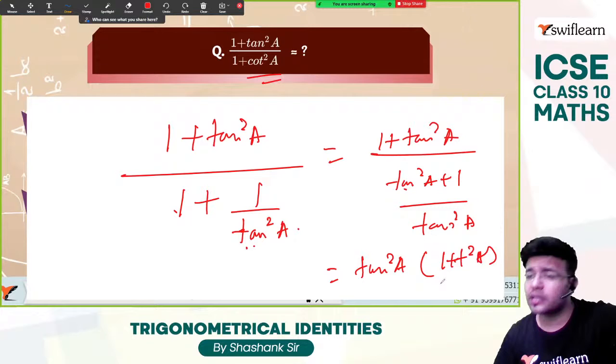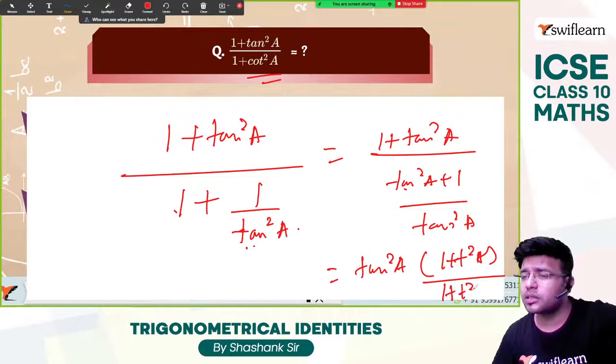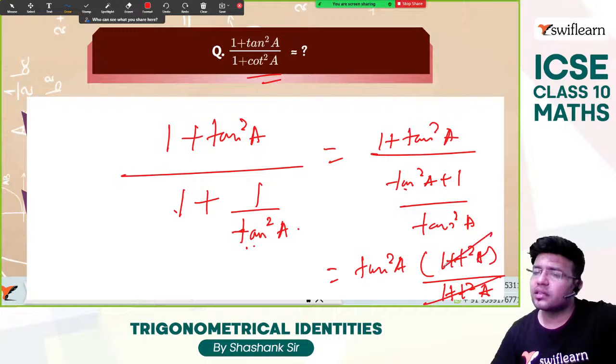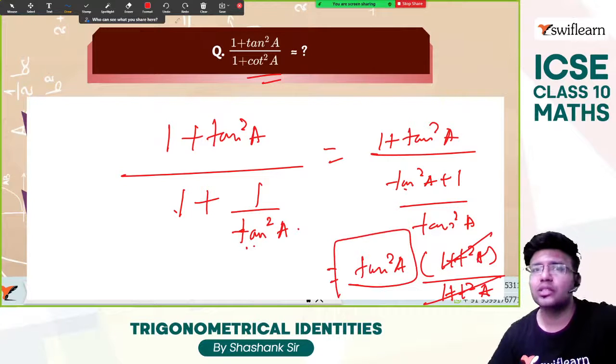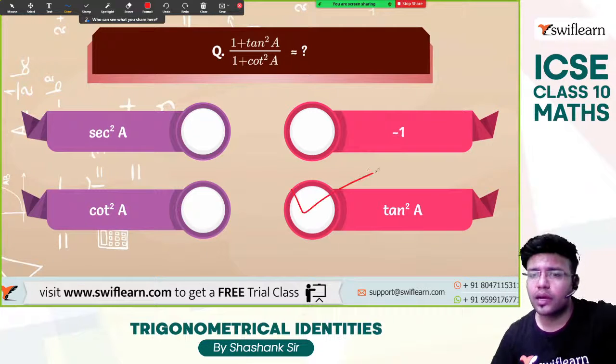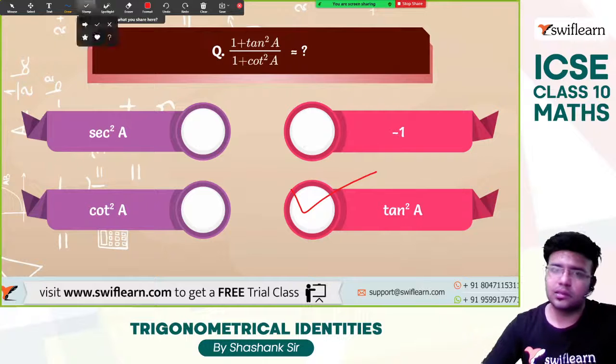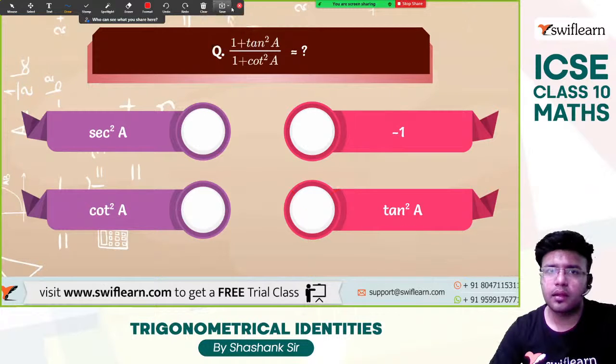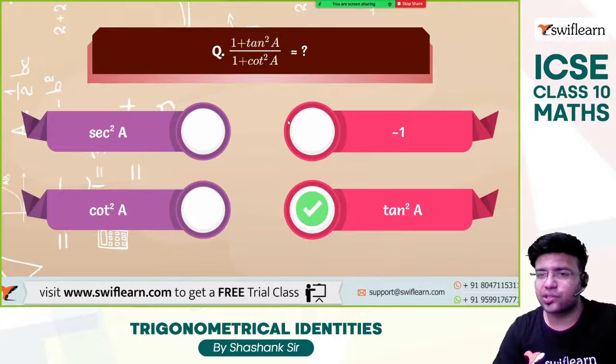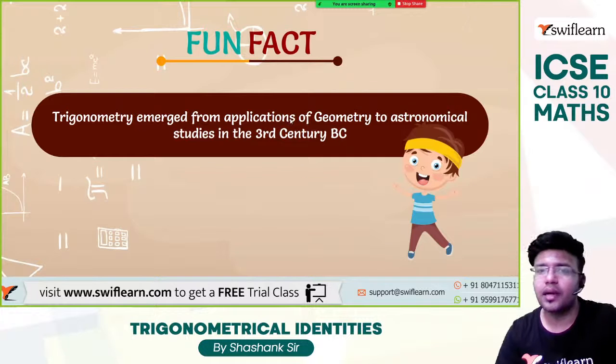A plus B is same as B plus A. 1 plus tan square A, this and this is cancelled. We are left with tan square A. Tan square A is the right answer. Yes, this is the right answer.